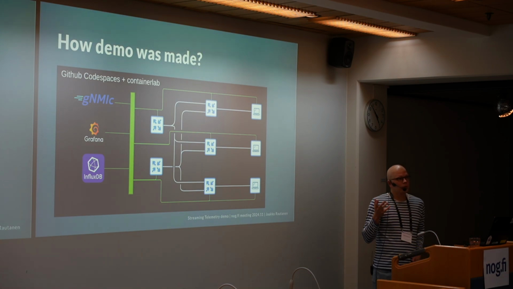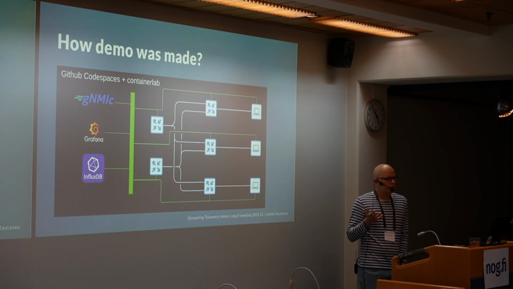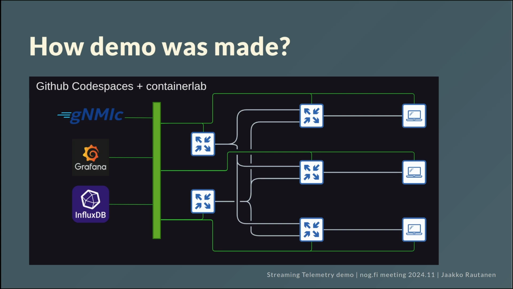So if this presentation was interesting for somebody, the way I did the demo is as interesting for me at least. So everything in this lab was containers. If we go from the right to the left, we had 3 clients. They are just Linux clients. Then we had 5 switches. They were actually running Nokia SR Linux.